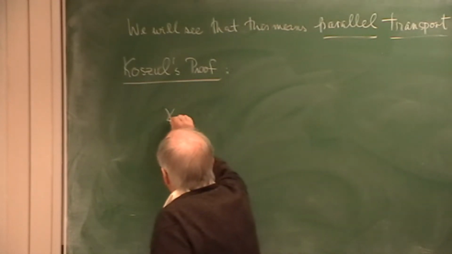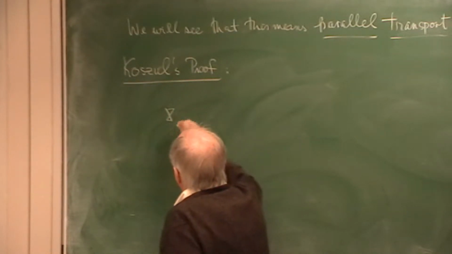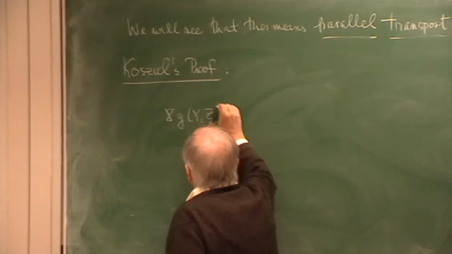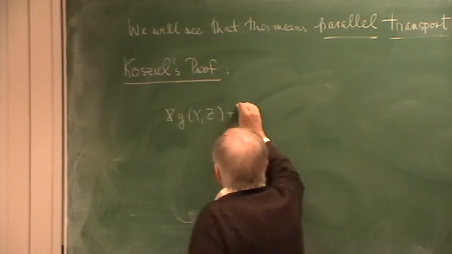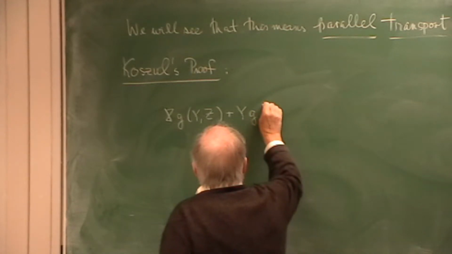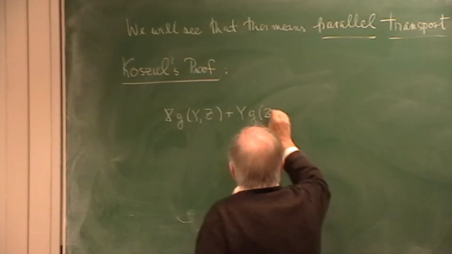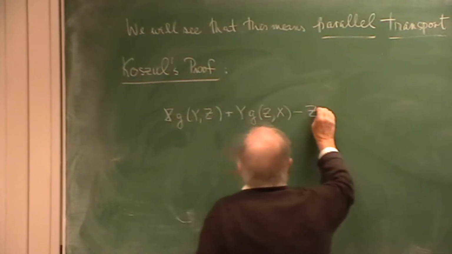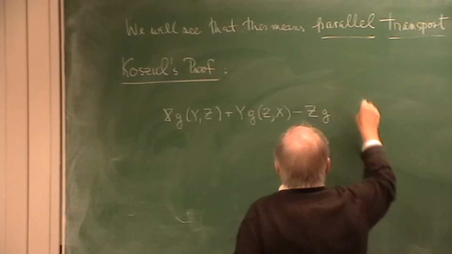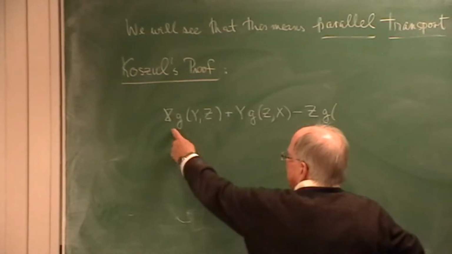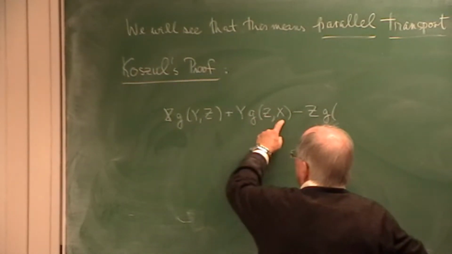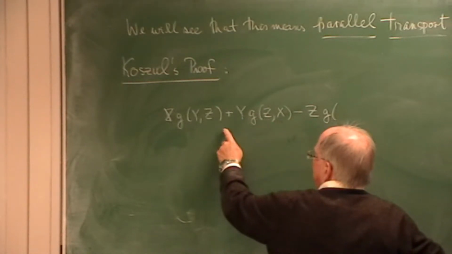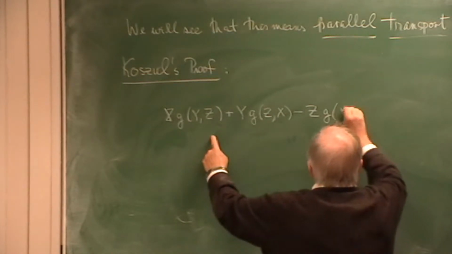So I'm going to write something down here. X of G of Y, Z, plus Y of G of Z, X, minus Z of G of X, Y. I try to be consistent with the permutation. X has gone back here, and Y has gone front. Z has gone up front. How do we get Z up front?